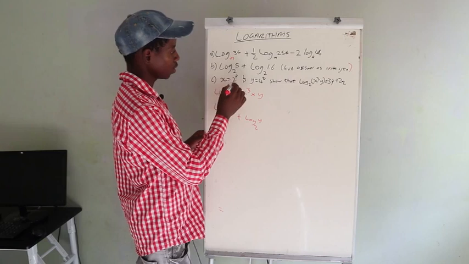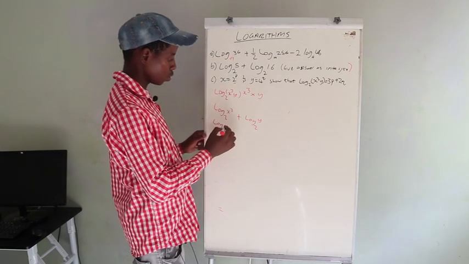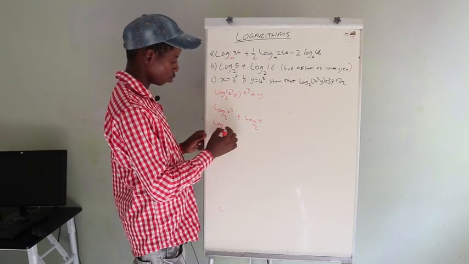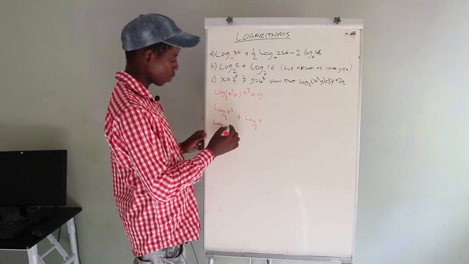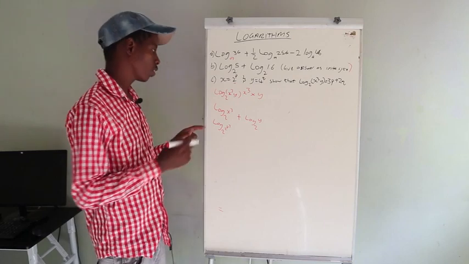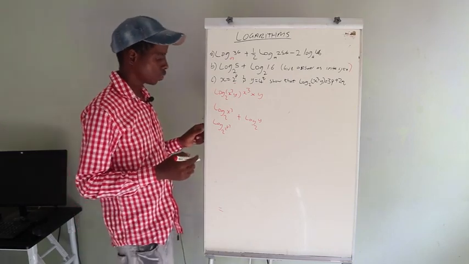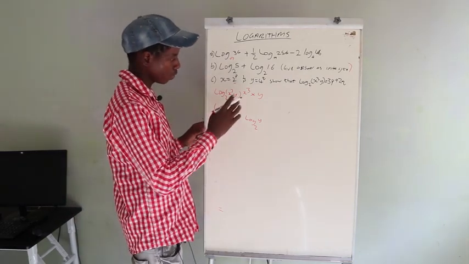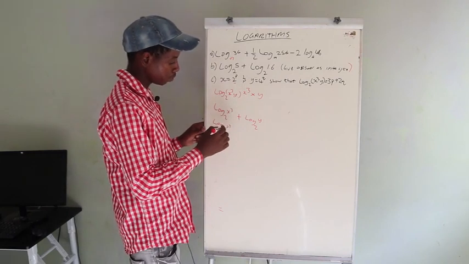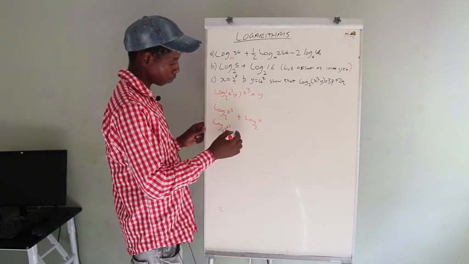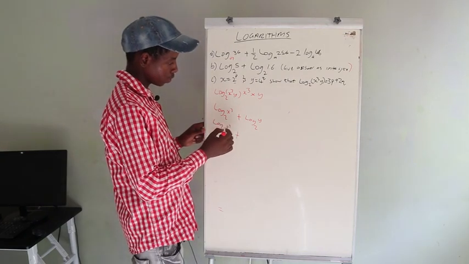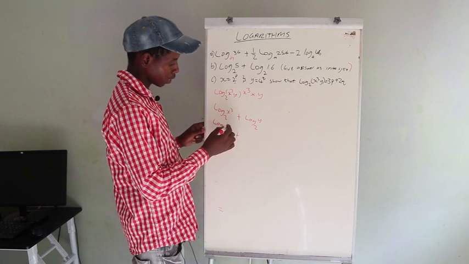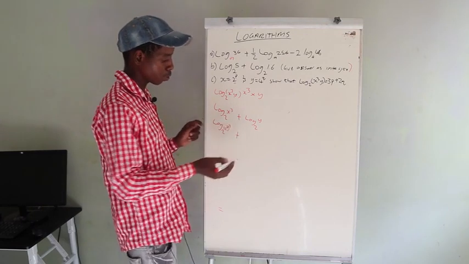Our x is here, 2 to the power p, so it's going to be 2 to the power p, all to the power 3. And then we have plus, and I can insert this in brackets so that you can see properly.